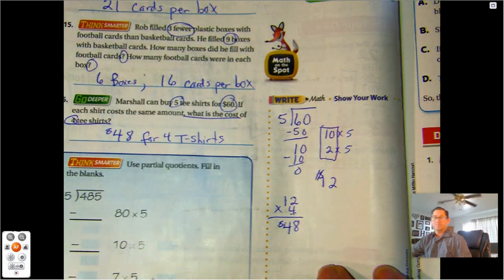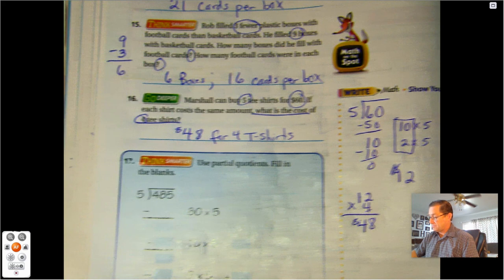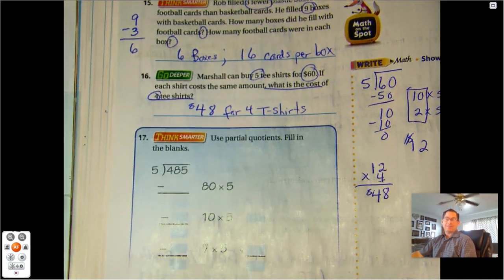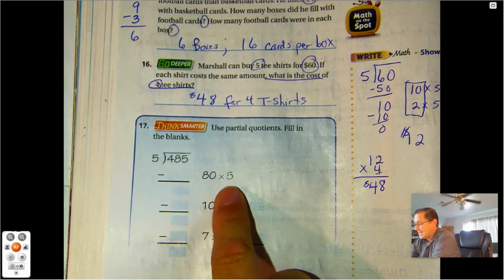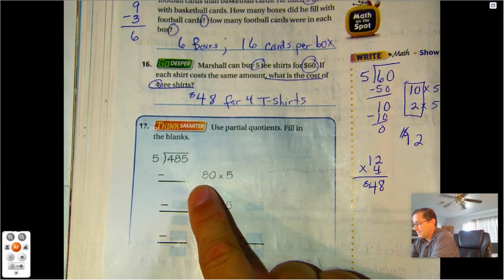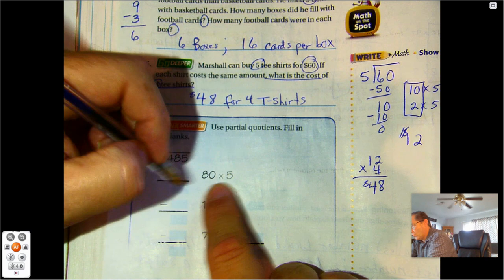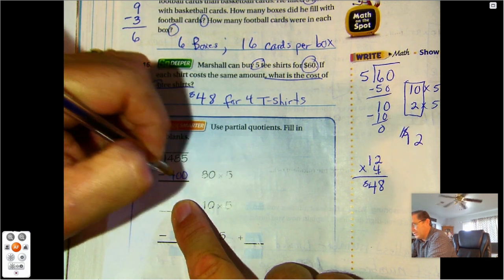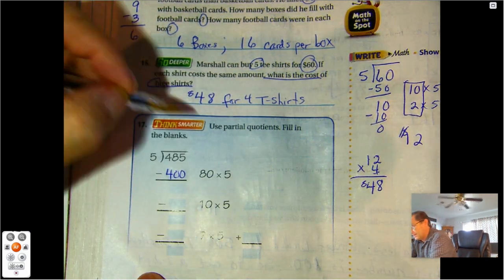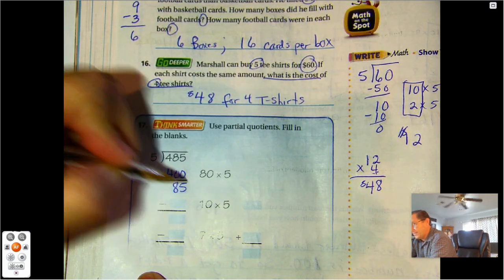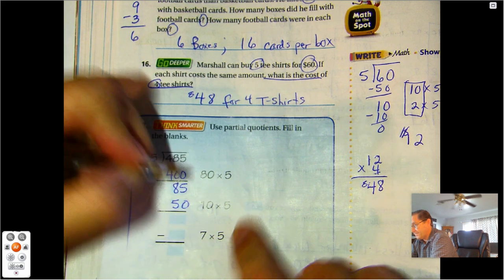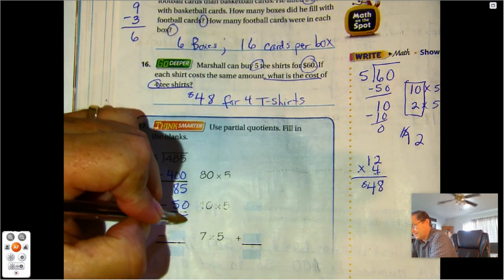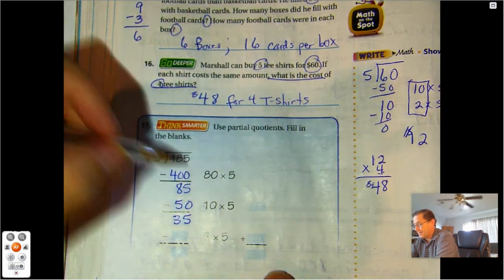And 17. Use partial quotients. Fill in these blanks. So they went 80 times 5. 5 times 8 is 40, so 400. They subtracted, leaving them 85. 10 times 5 was 50. Subtract, they're left with 35. 7 times 5 is 35, leaving them 0.